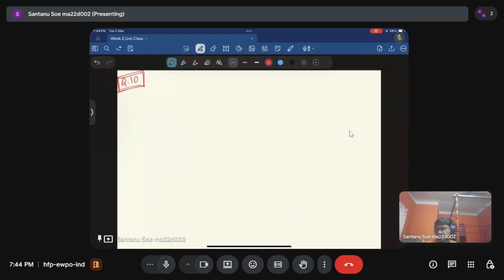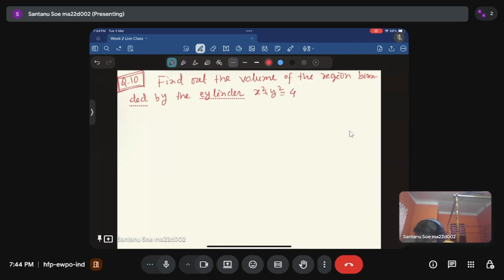So find out the volume of the region bounded by the cylinder x square plus y square equals to 4, and the plane z plus y equals to 4 and z equals to 0.